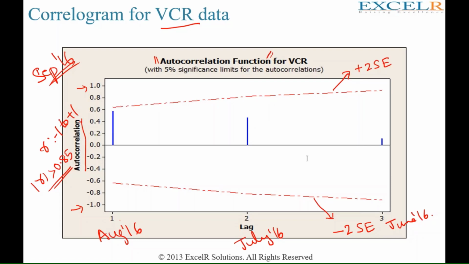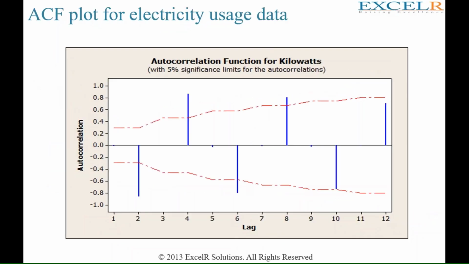So this autocorrelation plot will help us understand which lag is significant in forecasting the future value. For example, look at this. We have the electricity usage data here. And say you want to forecast what will be the electricity usage for, say, Jan 2016.